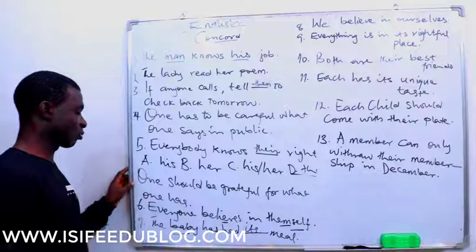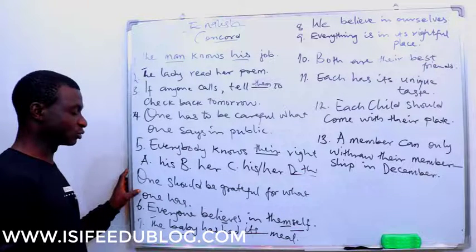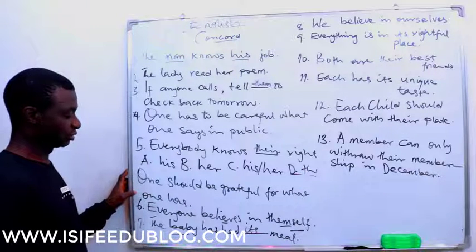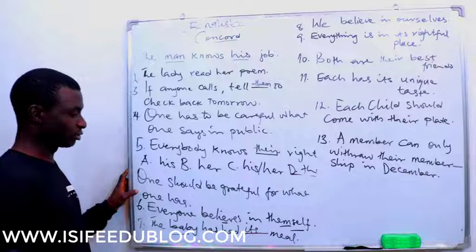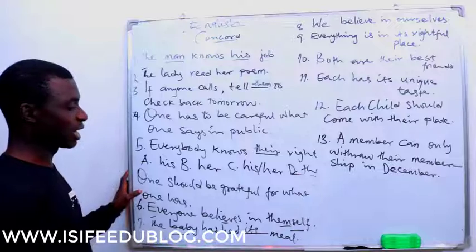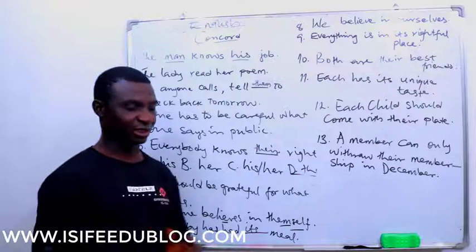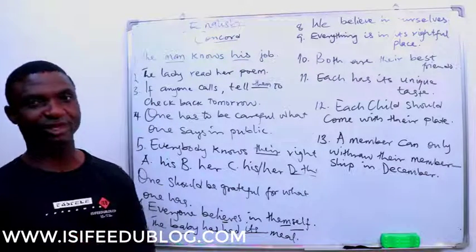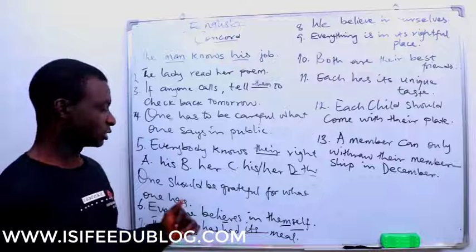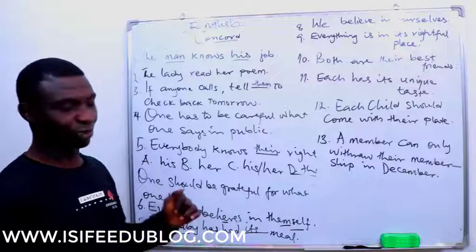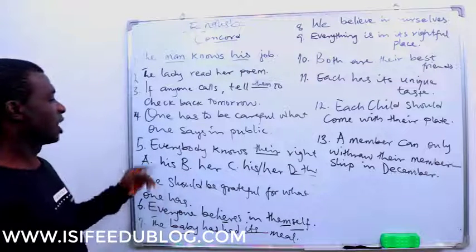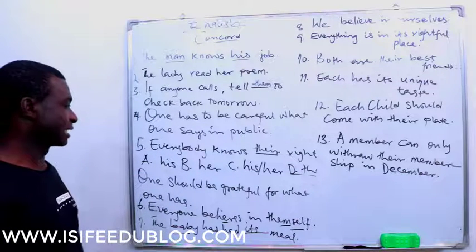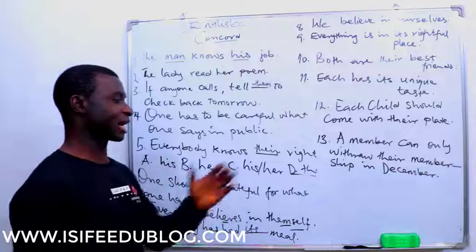We said when one is used, one should go through. One knows what one wants, even when one is not financially buoyant. One all through. Everybody knows their right, not everybody knows his or her right.